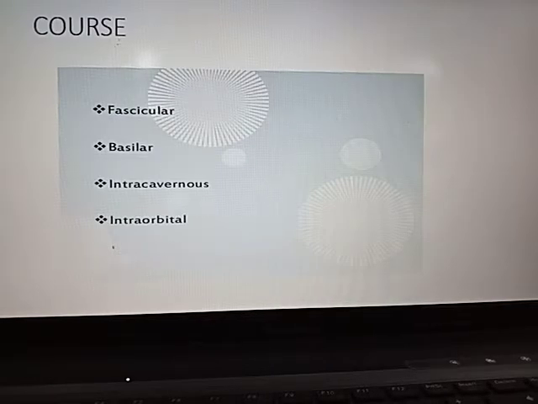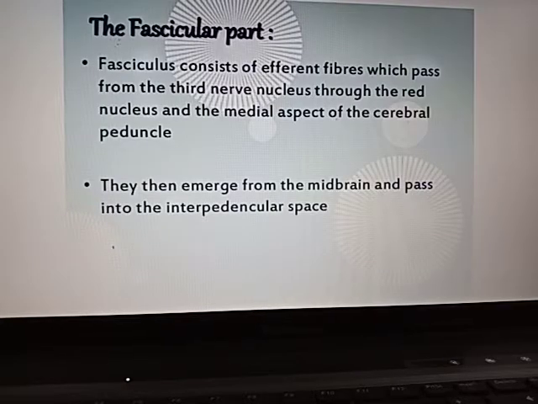Then come to the course of this oculomotor nerve. It has a fascicular course, basilar course, intracavernous course, and the intraorbital part. Okay. Then come to the fascicular part. The fasciculus consists of efferent fibers which pass from the third nerve nucleus through the red nucleus and the medial aspect of the cerebral peduncle.